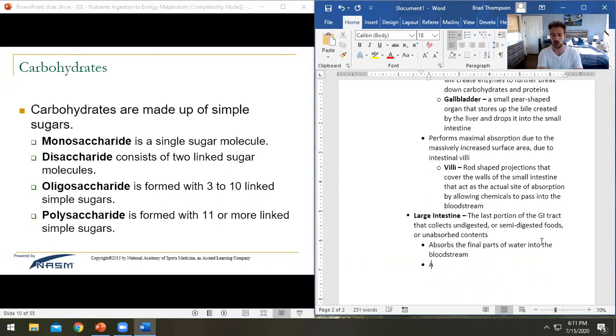And it also absorbs any remaining electrolytes via the water. Remember, electrolytes are primarily things like sodium and potassium, right? And it's really important that you get those into your bloodstream so that your body can use them to generate action potentials. A lot of those are actually absorbed via water. They're carried very efficiently by water. And so a lot of that does get absorbed in your large intestine.